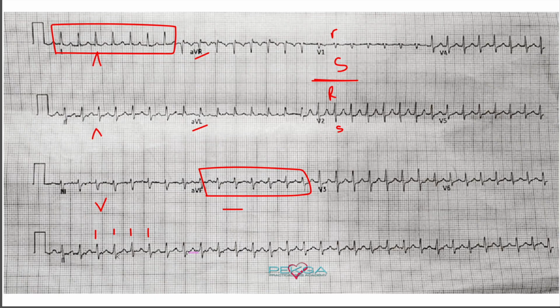There are two reasons for that. First of all, there's no squiggly line there, and typically, if this was atrial flutter with one-to-one conduction, I would expect the rate to be greater than 200 beats per minute. If it was 2-to-1 conduction, I would expect the rate to be closer to 150.